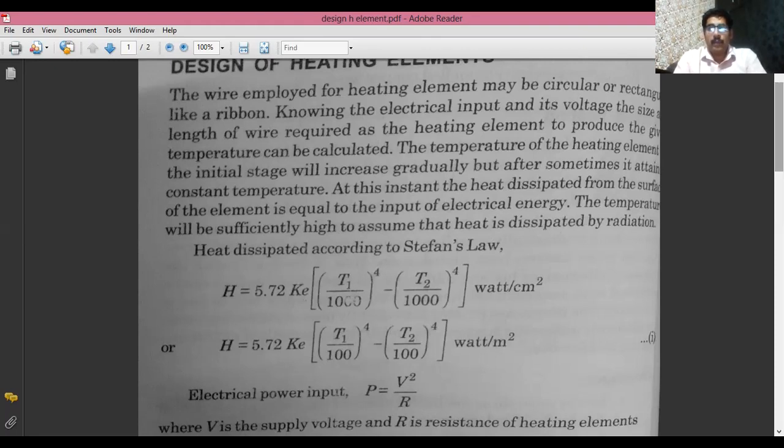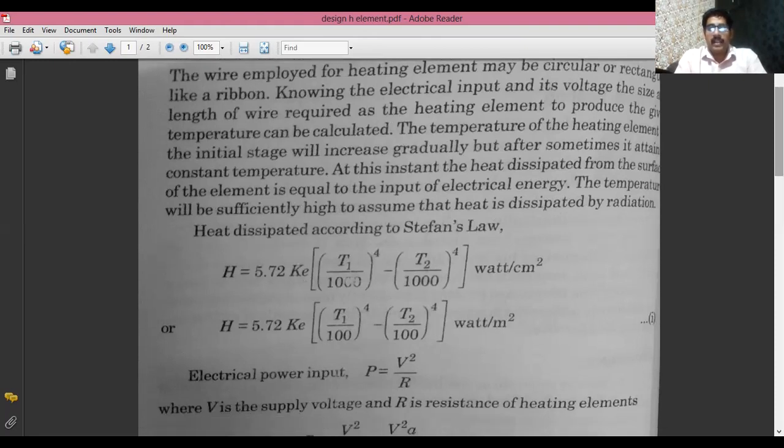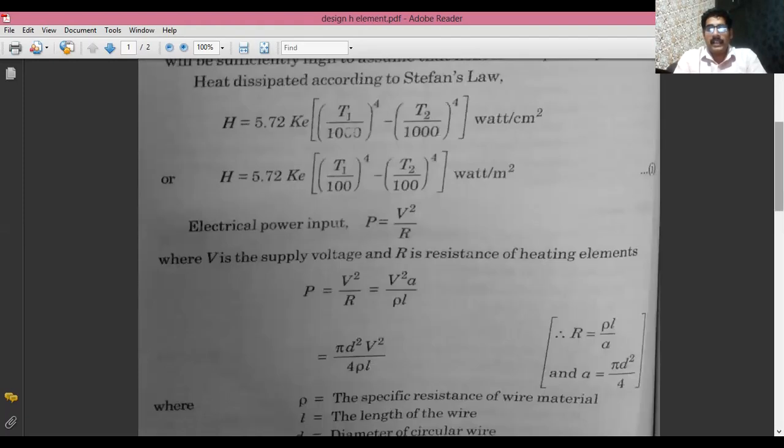Now the electrical power given, as we know, is P equals V square upon R, where V is the supply voltage and R is the resistance of the heating element. We know the resistance is equal to rho L upon A, and A is equal to pi d square by 4 if we use a circular coil.